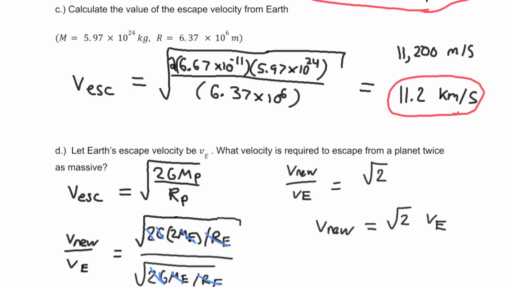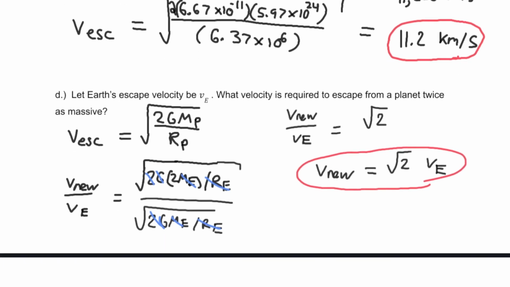But I think the ratio is a bit overkill for this result. Just realize that escape velocity is proportional to the square root of the planet mass, so if you're doubling the thing inside the square root, you're multiplying the entire expression by the square root of 2.